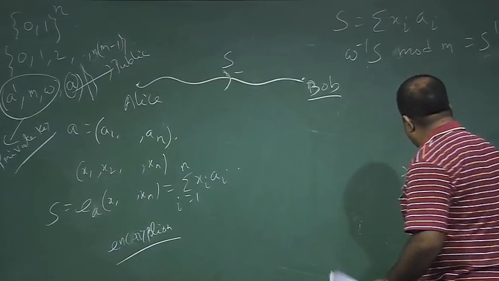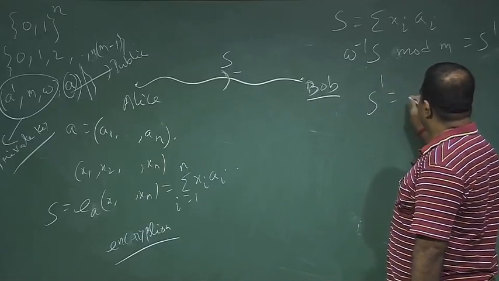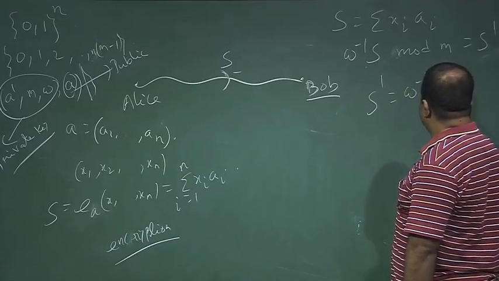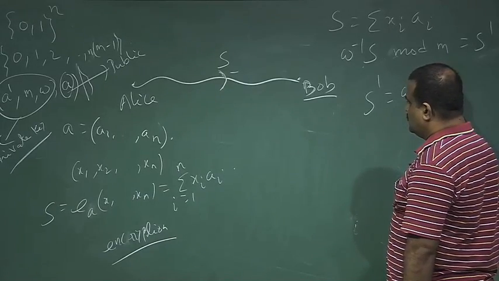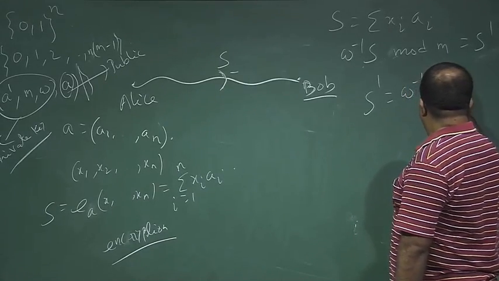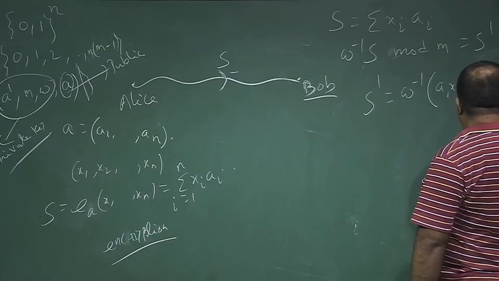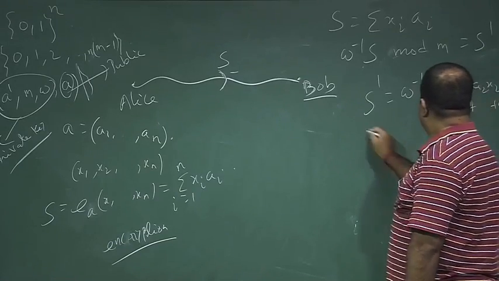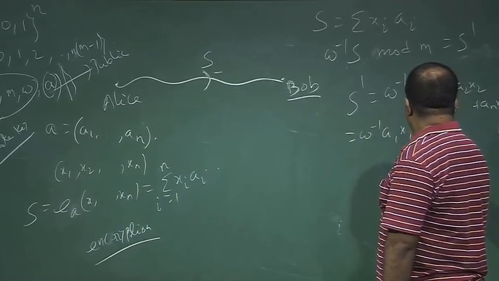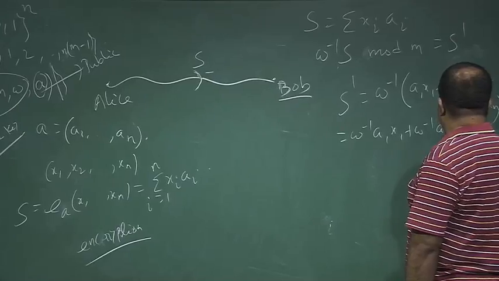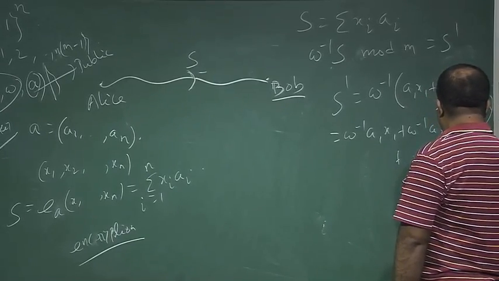Now, what is S prime? S prime is W inverse times S. What was S? S is the summation of A1 x1 plus A2 x2 plus An xn. So this is W inverse A1 x1 plus W inverse A2 x2 and so on plus W inverse An xn.